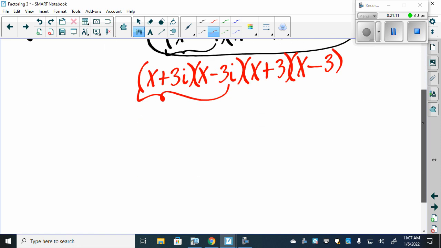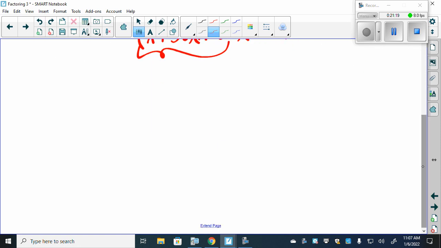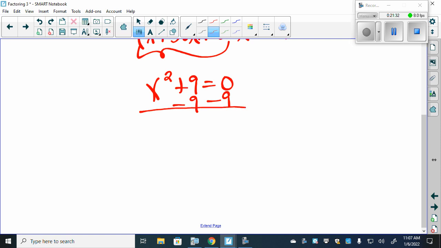Here, to get these two factors, you have to take x squared plus 9 and set it equal to 0 to solve for the value of x. So we would subtract 9 from both sides, telling us that x squared is equal to negative 9.